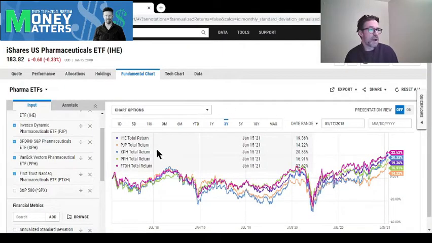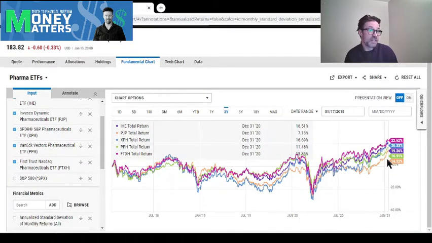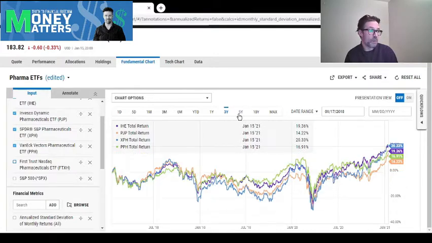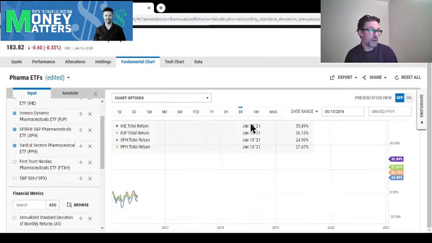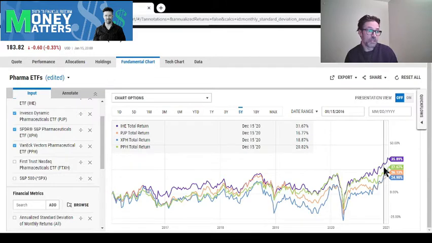Okay, so this is a graph of these ETFs. So in 3 years, you can compare who has performed. If we take our newbie here out, we'll be able to look at more of a longer term picture of performance. So for example, 5 years and eventually 10 years.